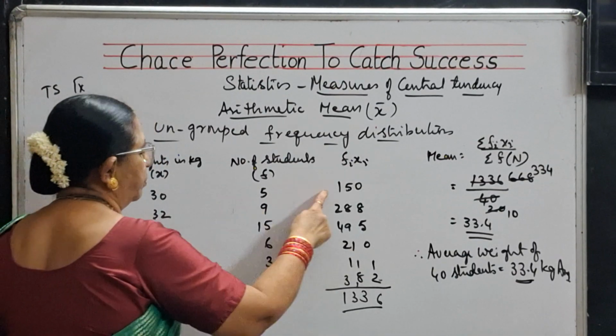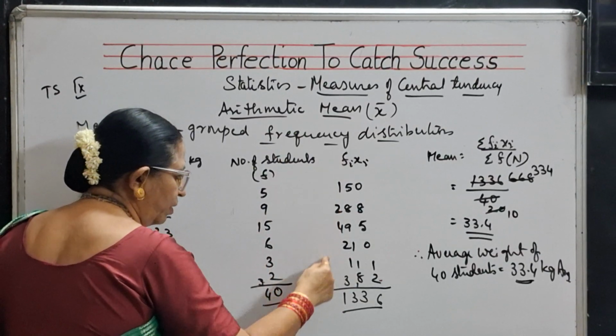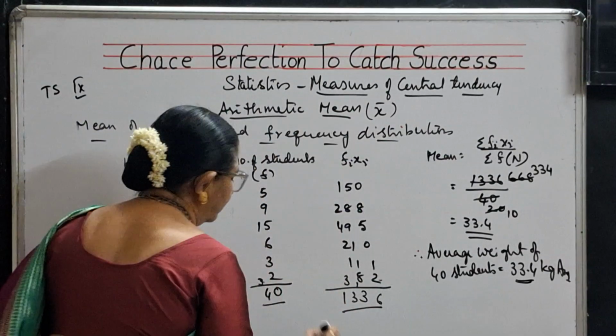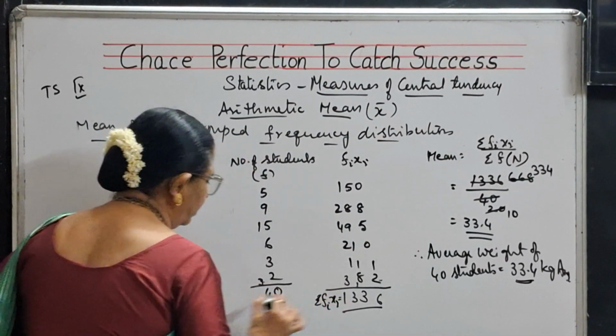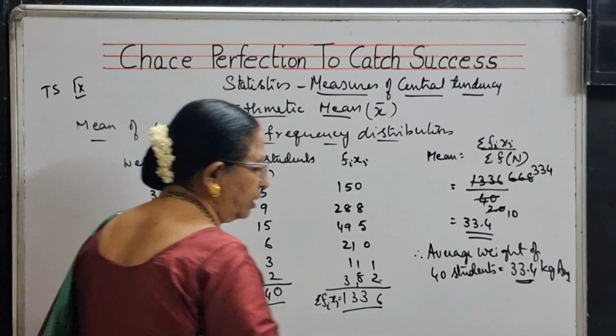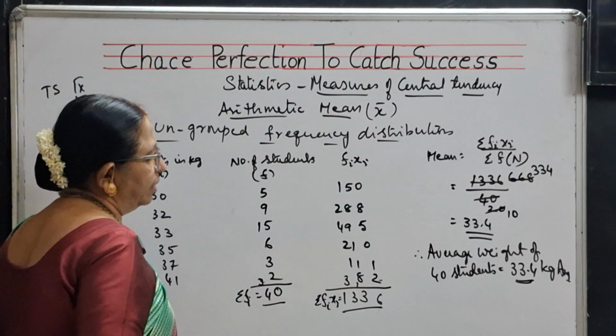Then you multiply the concerned values and write them. Afterwards, you have to add all of these. That is called sigma fi xi. I can write it here. Sigma fi xi value is this. Sigma fi value is this. So you take these values and divide to get the answer.